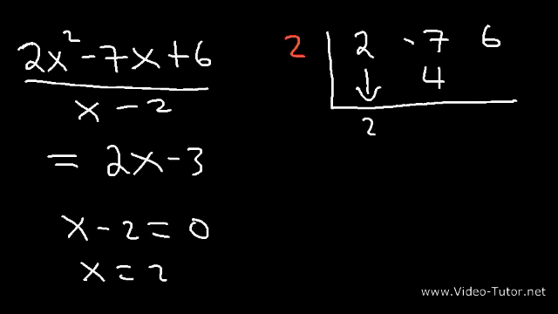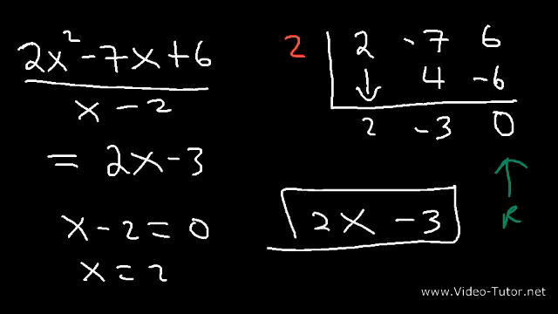And negative 7 plus 4 is negative 3. So you've got to multiply, add, and so forth. 2 times negative 3 is negative 6. And 6 plus negative 6 is 0. So this is the remainder. Negative 3 is the constant, and 2 has the x with it. So it's 2x minus 3.